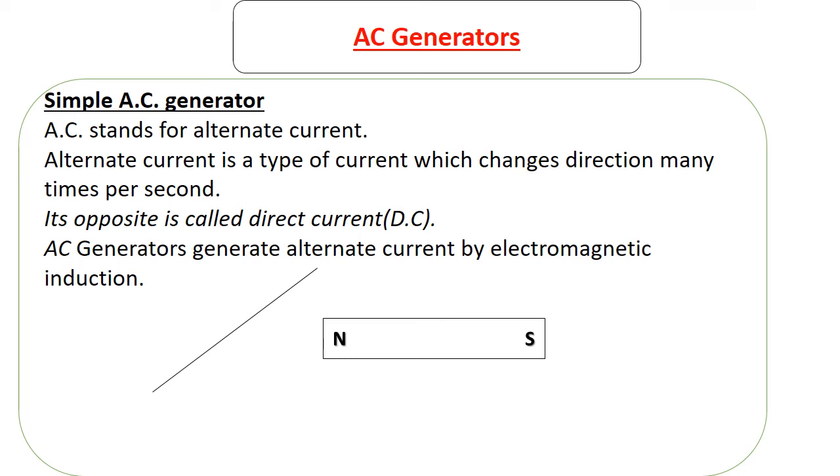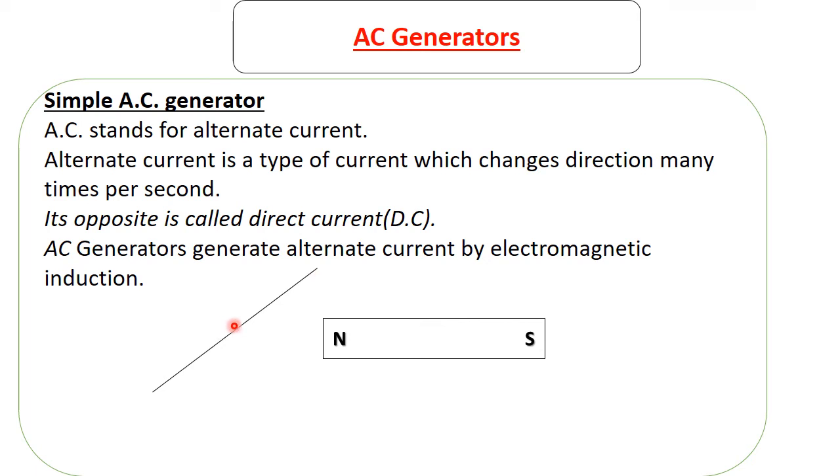So I want you to see this in two ways. The first is a situation where we have a stationary magnet and a wire that is moving. So we have a stationary magnet, which means that the magnetic field is stationary, it's not moving, while the wire is moving. So as the wire is moving, it is cutting across the magnetic field, and in the process current can be induced.